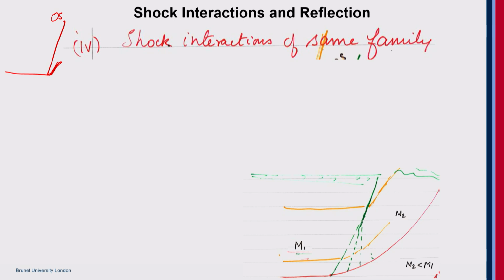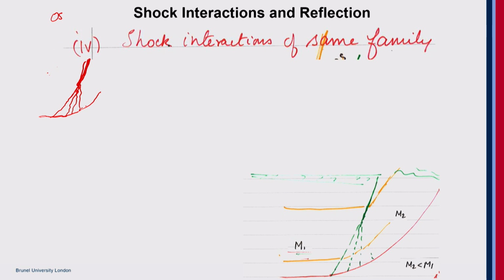But if it is not a strong concave surface, for example it is gradually turning, then you will have the initiation of weak oblique shocks. Now these weak oblique shocks are of the same family. They coalesce and then they form a strong oblique shock.